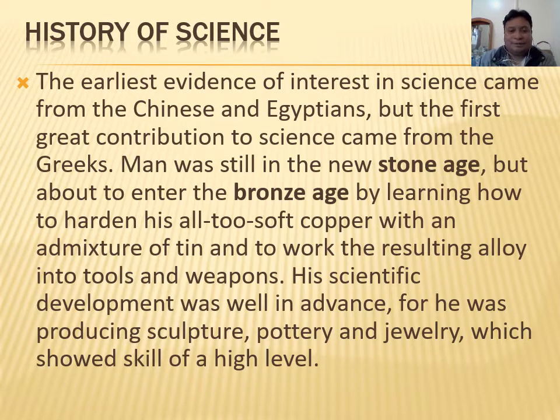His scientific development was well in advance, for he was producing sculpture, pottery, jewelry. It showed a skill of a high level. Okay, so that's one of the contributions of the Chinese and Egyptians at the time.